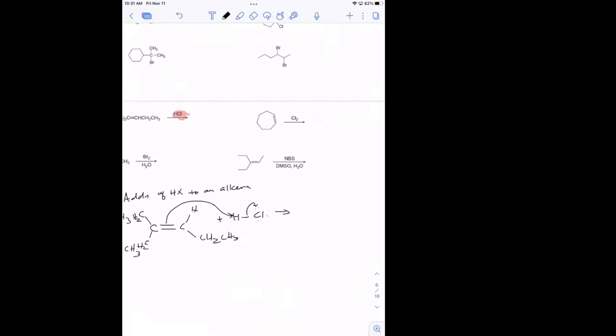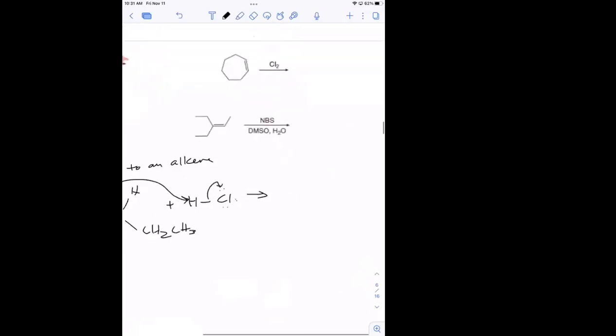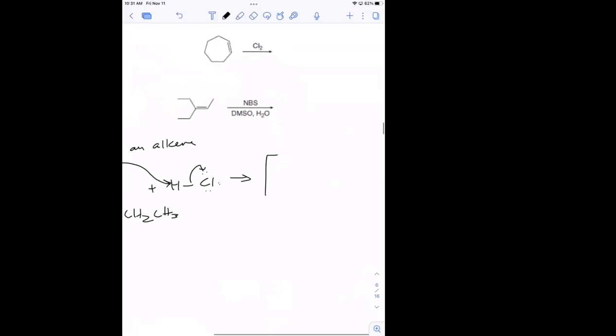Excuse me, and I'm also breaking the HCl bond. So over here, what we get next is very important, so I'm not gonna rush through that. That hydrogen is going to one of these two carbons, right? And the other one is gonna be positive. Right, every time this reaction happens, it goes through a carbocation intermediate. So let me show you the intermediate. I'm gonna abbreviate those groups. All right, you'll see it.